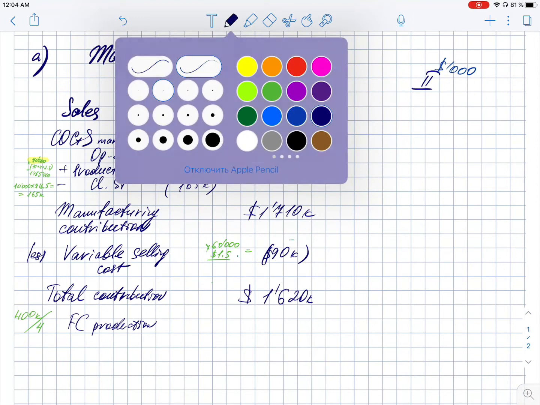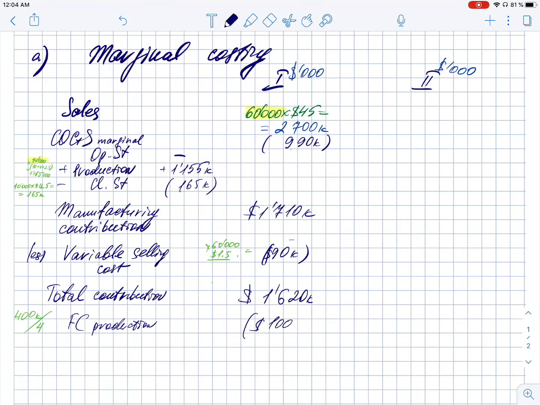So we have to deduct 100,000 of fixed production costs, and fixed selling costs are represented by the 80,000 per annum. That means that only 20 would be spent during the quarter. And eventually net profit could be calculated as 1.5 million. Great. This is the result for the first quarter using marginal cost approach.